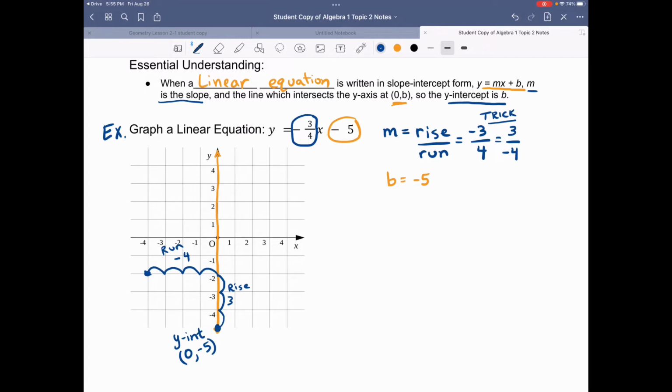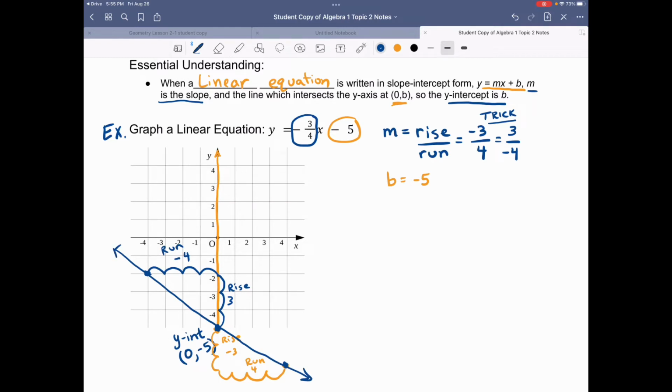And then I could connect them, but I just wanted to show you that if I were to have gone down 3, it goes off the graph. 1, 2, 3, a rise of negative 3. And then if we were to go over 4, that would be a run of positive 4. That would put our point right here, which will also be on this line.